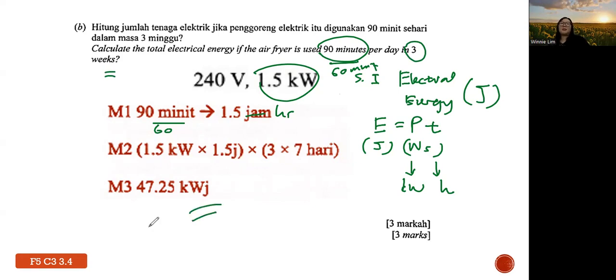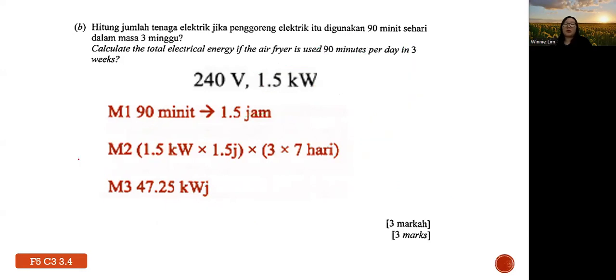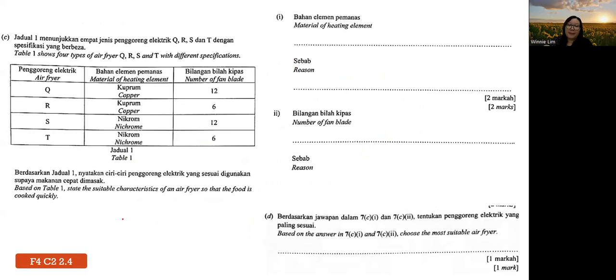Your answer will be 47.25 kilowatt hour. And then normally they will ask students to calculate the bill. They will say, let's say 1 kilowatt hour is 20 cents. Then you calculate the electric bill.